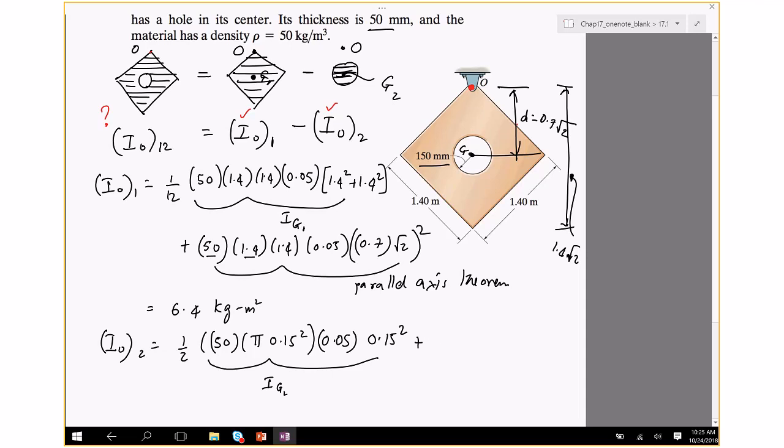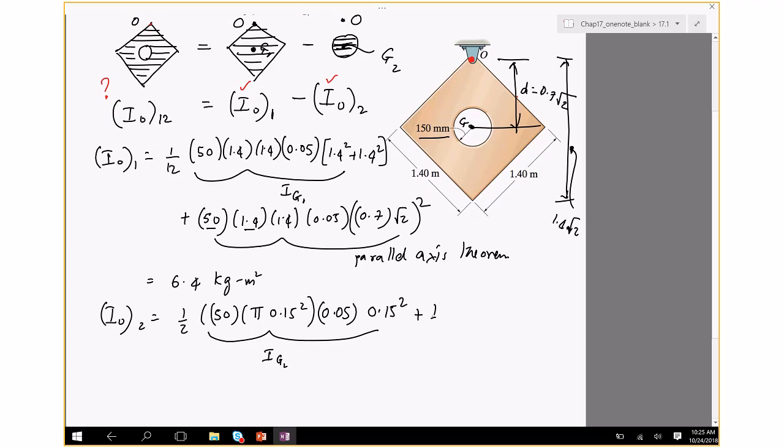We need to find the inertia about O, so that's going to be, by the parallel axis theorem, the mass, which is 50 times pi times 0.15 square times 0.05, that's the mass, times the distance from O to G, which is the same as before, 0.7 square root 2, squared.